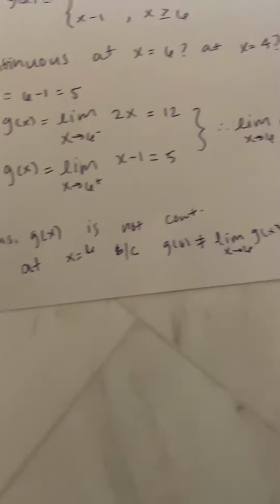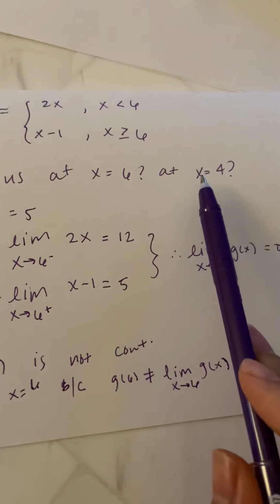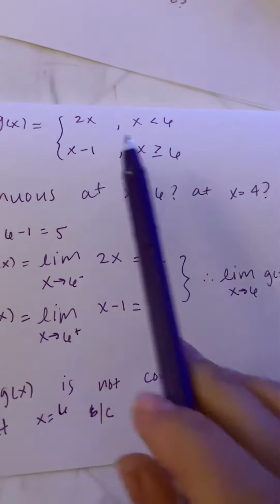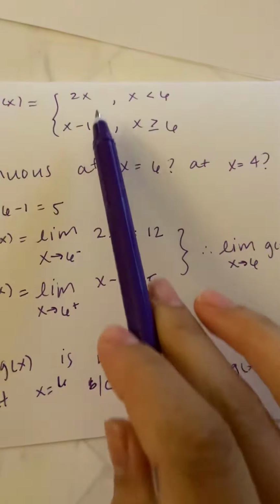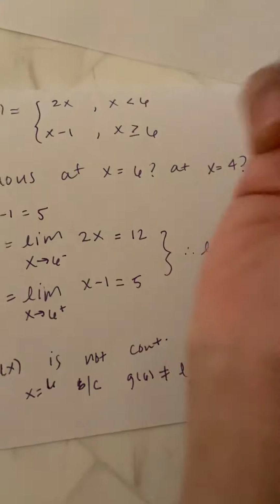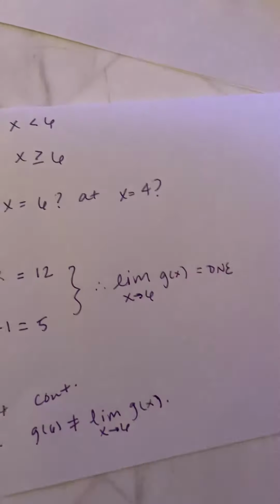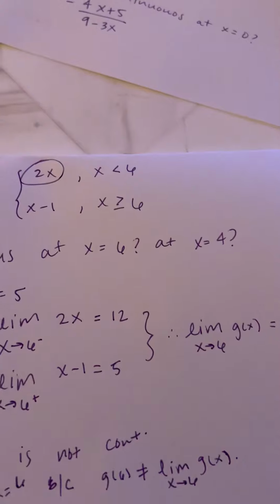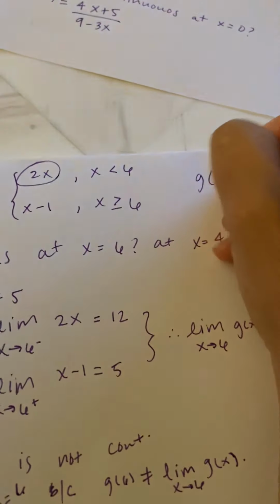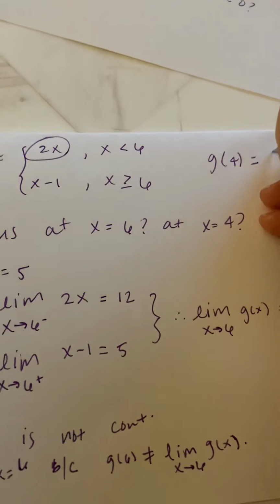Okay. And the last one, 4. Don't think too much about this one. This one, x equals 4. Well, which equation does 4 apply to? Well, it's to the left of 6, right? It's less than 6. So you're only going to use that one. So here I'm just going to explain it on video really quick. I'm not going to write the whole thing down, but the function value at 4, you just plug in 4. 2 times 4 is 8.